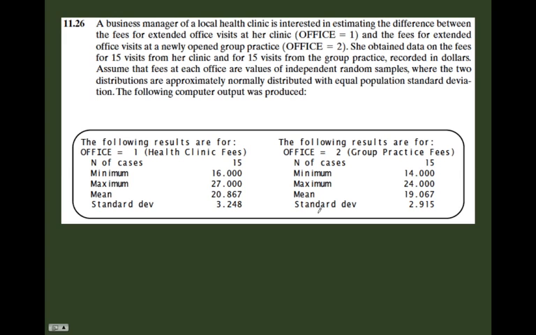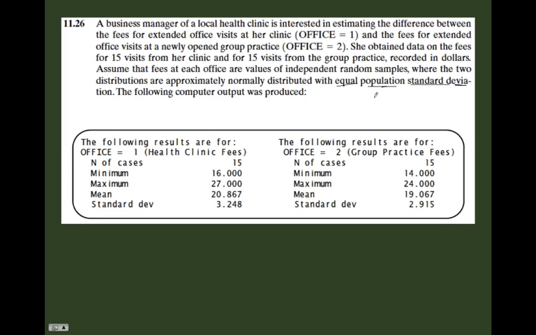Assume that the fees at each office are values of independent random samples where the two distributions are approximately normally distributed with equal population standard deviation. So that gets back to this assumption to pool the standard deviations. We have to have this be true.